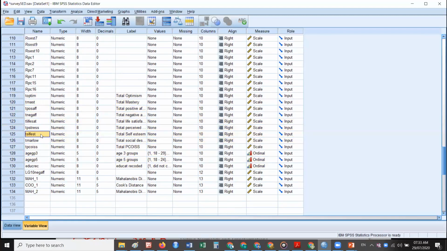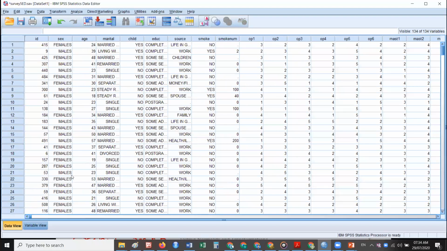TSLFEST, total self-esteem, this is one variable, and total positive effects. T-life-sat, total life satisfaction, how satisfied a person is with his life. These are the variables. Now I am moving to the data.